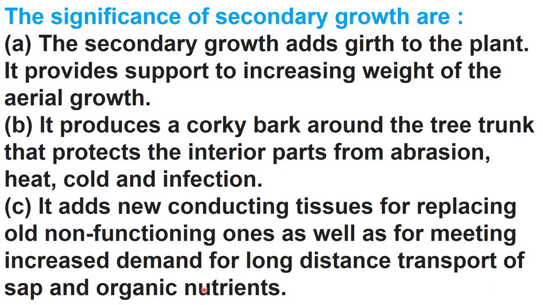So there is an increased demand for the transport of sap, meaning phloem sap or food, and organic nutrients. That increasing demand is met with the help of conducting tissues, secondary xylem and secondary phloem, which are made by secondary growth. So all these are the significance of secondary growth.